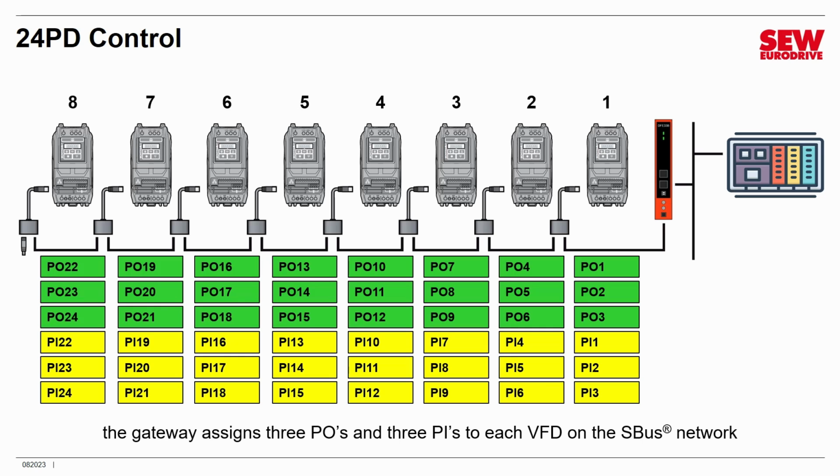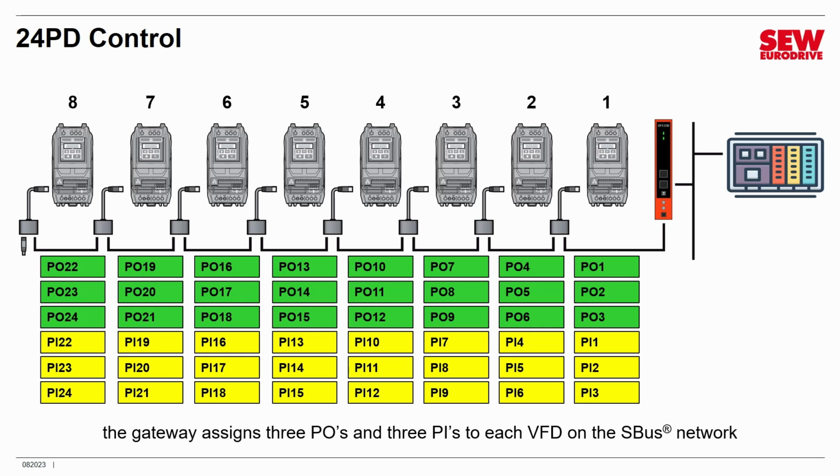The next address gets process output word 4, 5, and 6, and process input word 4, 5, and 6. And then it goes down the chain, each one getting 3 POs and 3 PIs, until you get to the last VFD in the chain, and then you have PO 22 through 24, PI 22 through 24. That's where the 24 process data words come from.